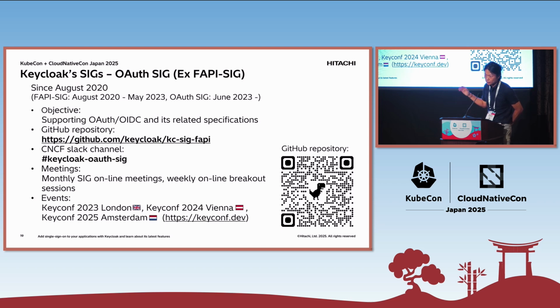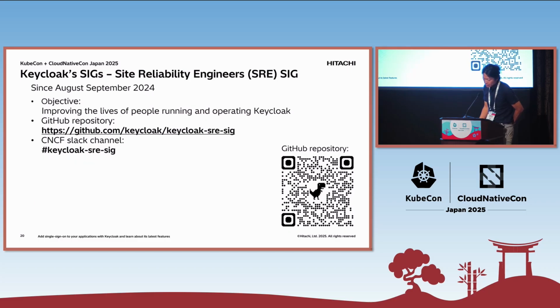Therefore, the aim is to make Keycloak more secure. The other SIG is the Site Reliability Engineers SIG, the SRE SIG. Its objective is to improve the lives of people like you who are running and managing Keycloak.